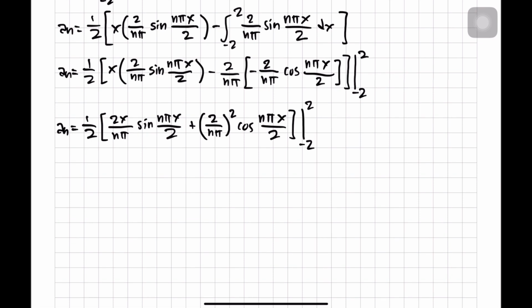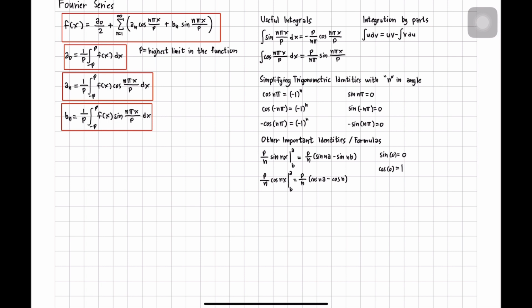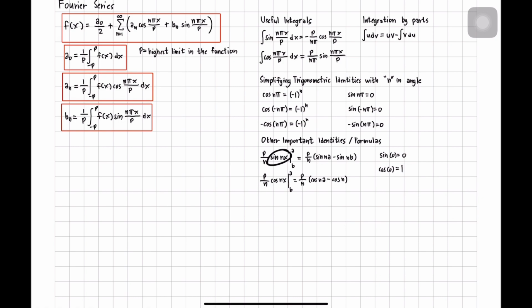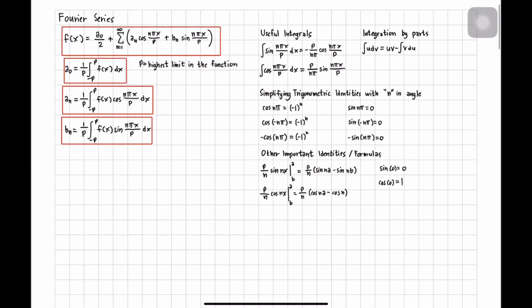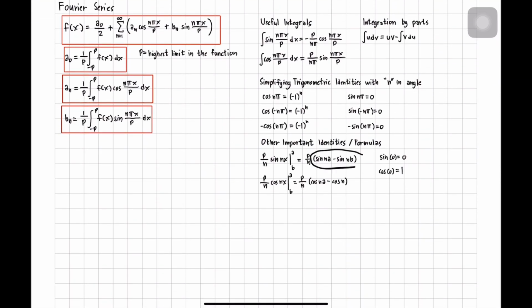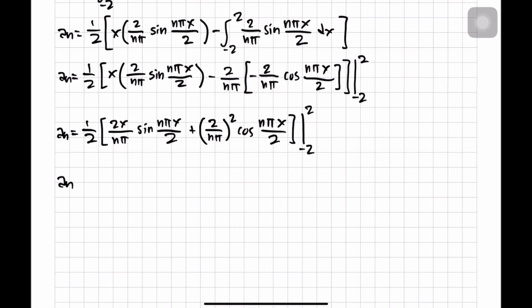Okay, so now we should put in the boundaries. Since we have 1/2 and 1/2 on the outside here, we can use this formula right here. Just imagine this is the 1/2, and the inside is the sine and x, which in our case is just this one big expression inside the brackets. We can just use this one formula, or we can directly copy it for both. Okay, so we have 1/2, and we substitute the values.